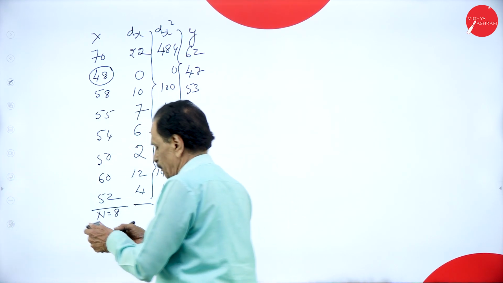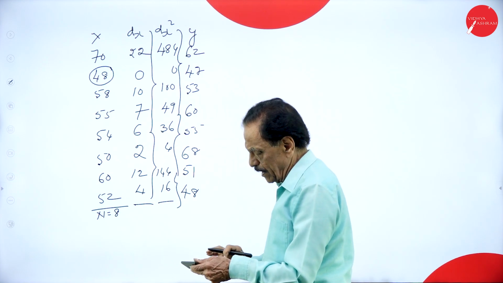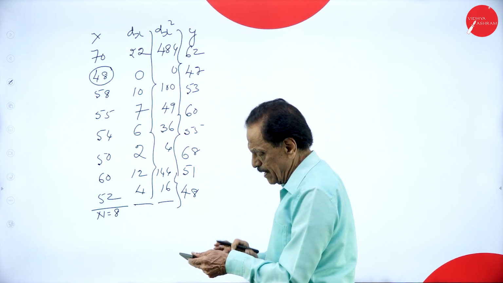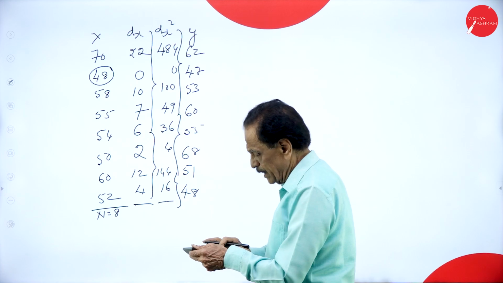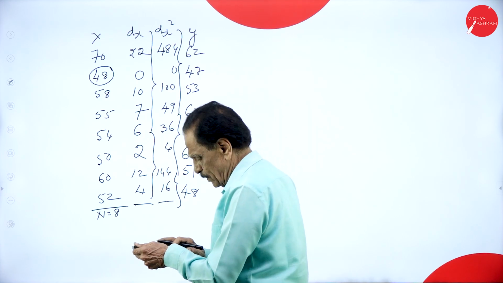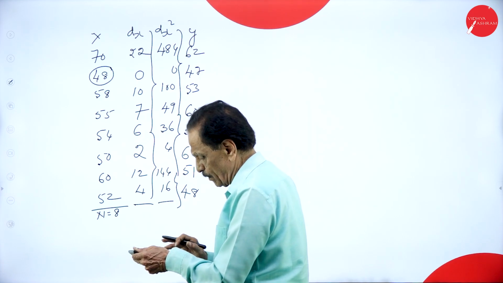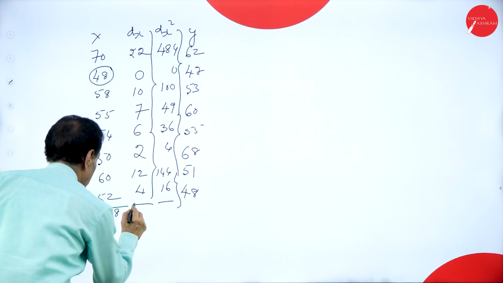Add the figures. What is sigma dx? 22 plus 10 plus 7 plus 6 plus 2 plus 12 plus 4, that is 63. Sigma dx is 63.